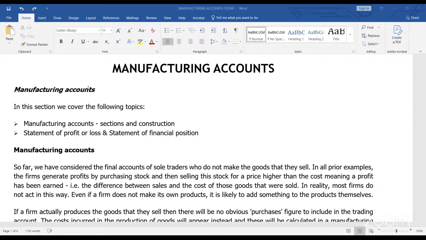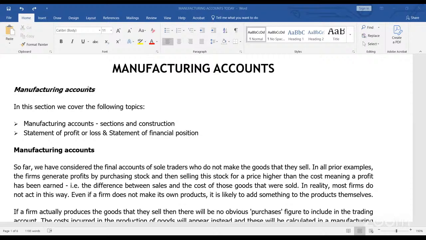Now, manufacturing accounts, what are they? When you consider the final accounts of sole traders, they do not make the goods that they sell. You're aware of that. They generate profits by purchasing stock and then selling this stock for a higher price than the cost, meaning that they make a profit.